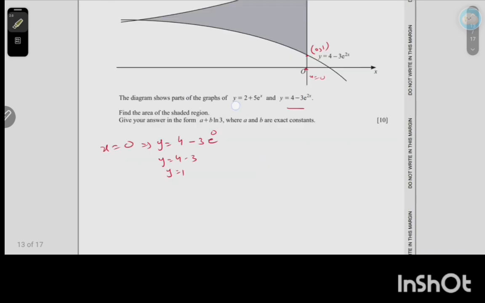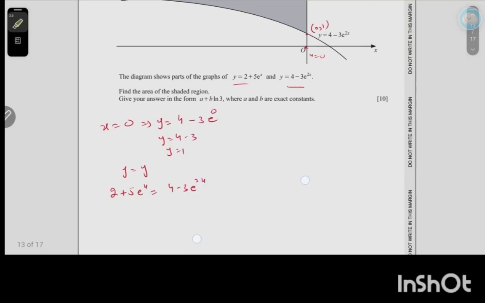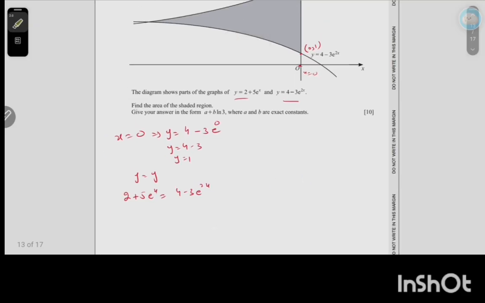Next, the two y's cancel, so we equate 2 plus 5 e power x equal to 4 minus 3 e power 2x, because by using simultaneous equations we find the intersection point.